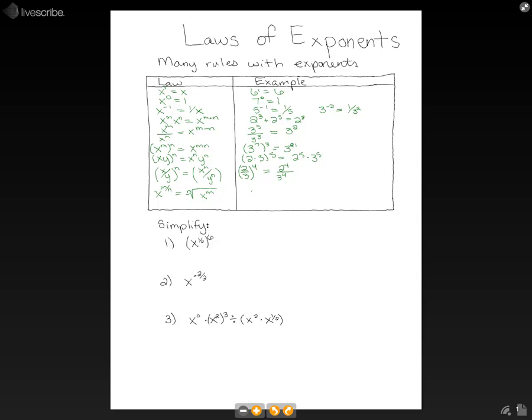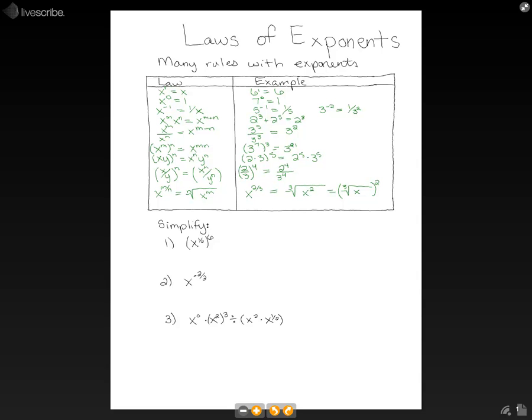So if we had x to the 2/3 power, that's going to equal the cube root of x squared. You can also rewrite this a little differently and have the cube root of x and have all of that squared, because you can take exponents and roots and interchange their order.